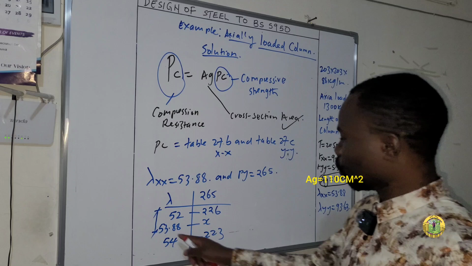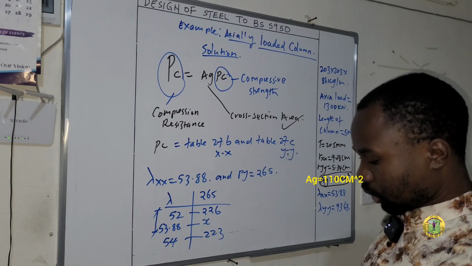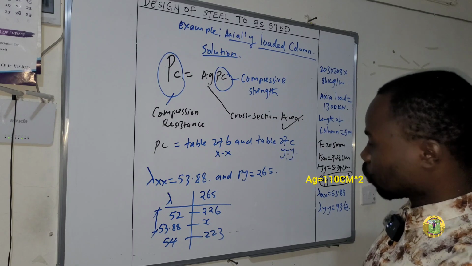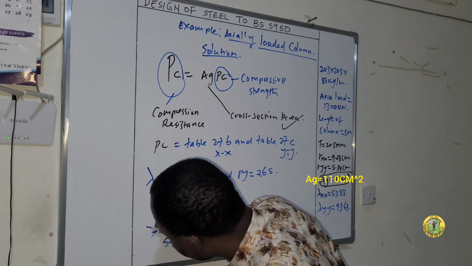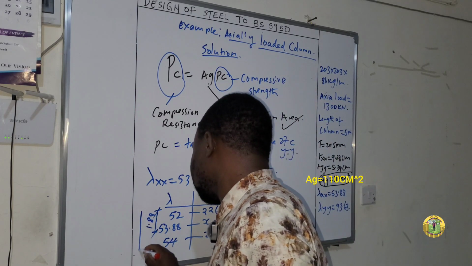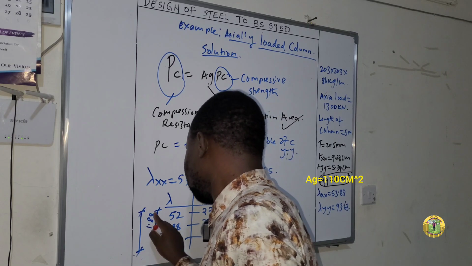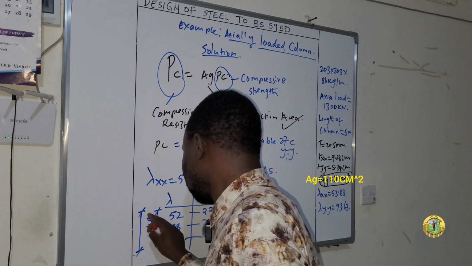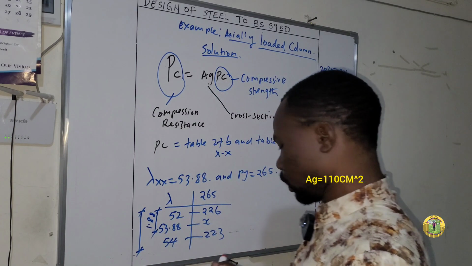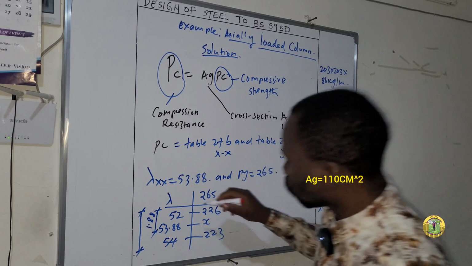Get the difference between 53.88 and 52: 53.88 minus 52 is 1.88. Then 54 minus 52 is 2.